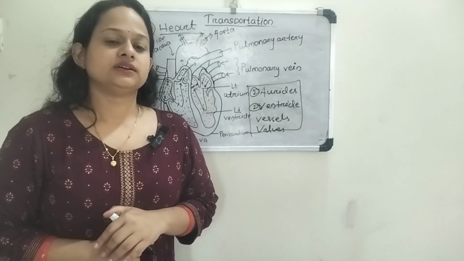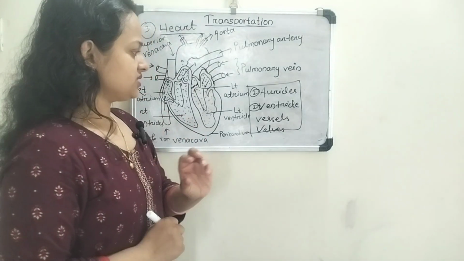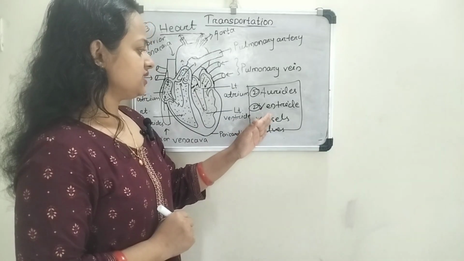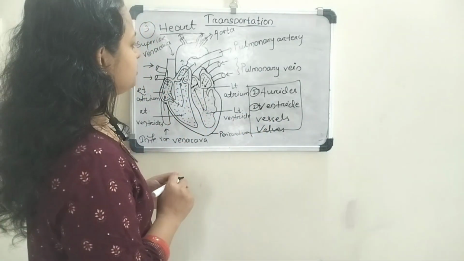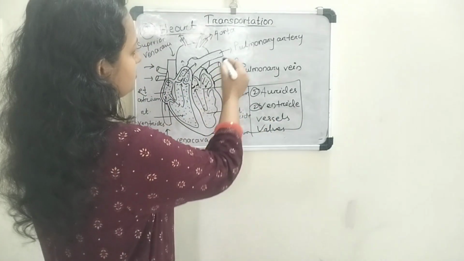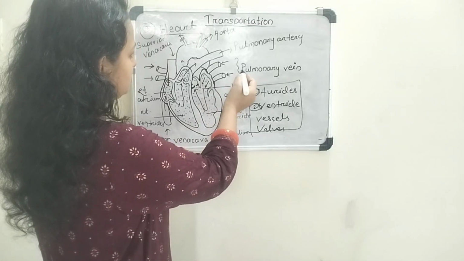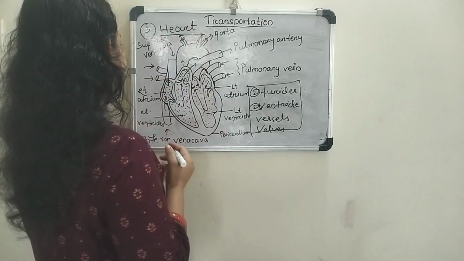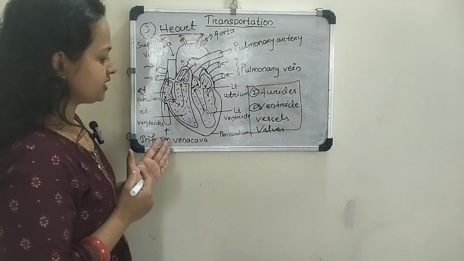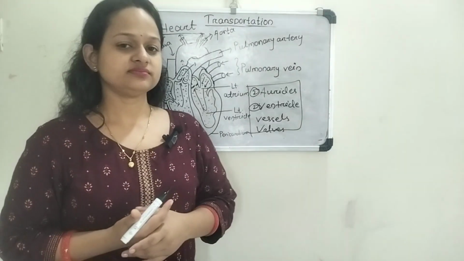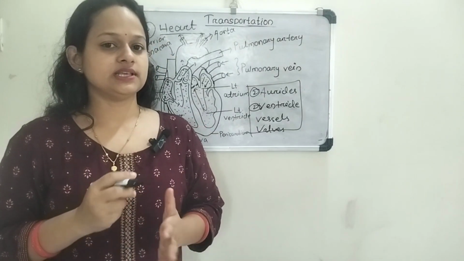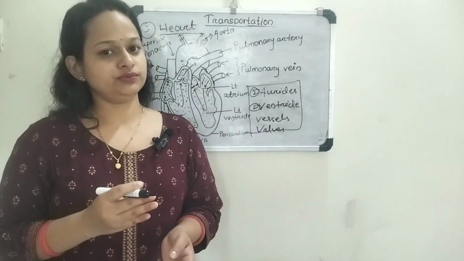There are also some vessels present at the heart: the pulmonary arteries, the pulmonary veins, aorta, superior vena cava, inferior vena cava, etc. These vessels help in the flow of blood in and out of the heart.